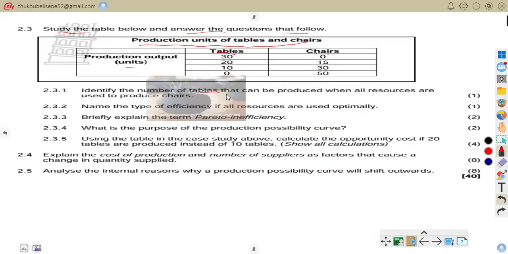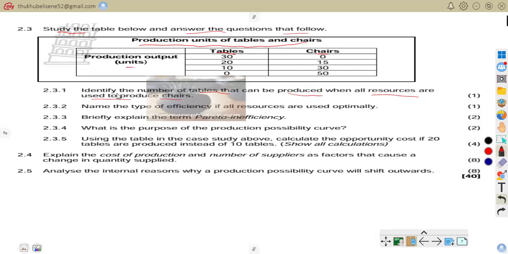identify the number of tables that can be produced when all resources are used to produce chairs. So you are talking about productive efficiency, producing goods at the lowest cost using all resources.